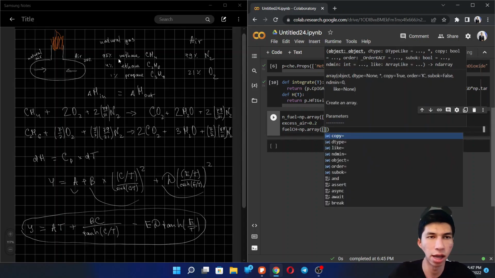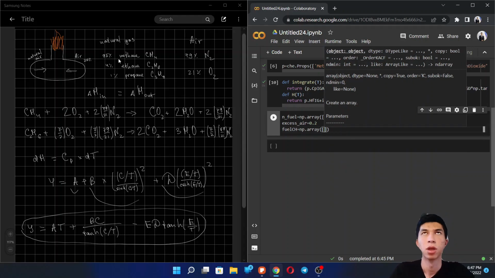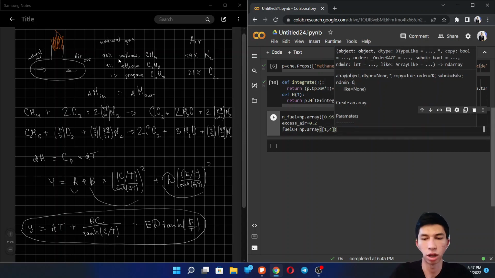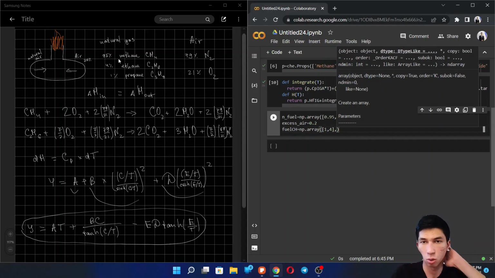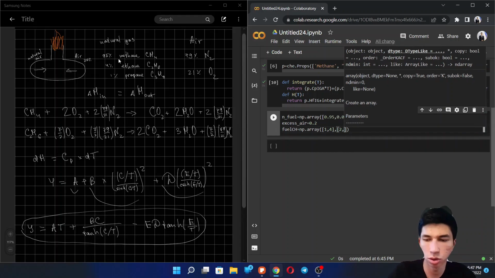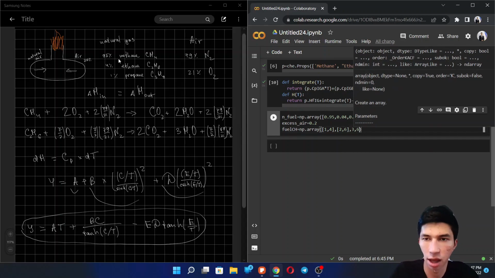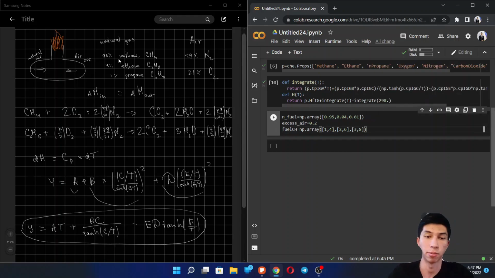So in methane it is 1 to 4. So we're going to have a 2D array for each of our compounds. So 1 to 4, that's going to be the first element, and then we have 2 to 6, that's the second element, and we have 3 to 8 for the propane.